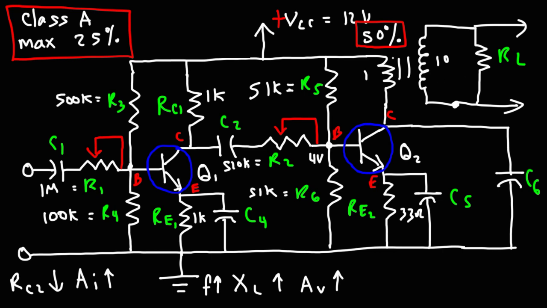So as was mentioned before, the transformer favors high frequency signals. The capacitor favors low frequency signals, so you have a balance. So if you increase C6, then what's going to happen is the output will allow low frequency signals to pass through. It will sound as if it has more bass. If you decrease C6, you will get a more high-pitched sound.